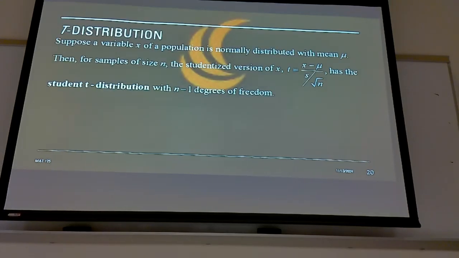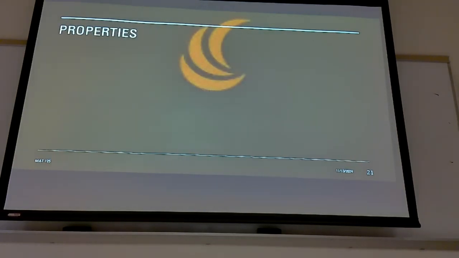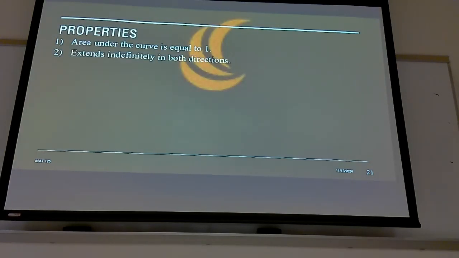Properties of this t distribution. Again, area under the curve is equal to 1. Has to, because it's a probability distribution. Just like the z distribution, it extends indefinitely in both directions. Just like the z distribution, it is symmetric about 0.